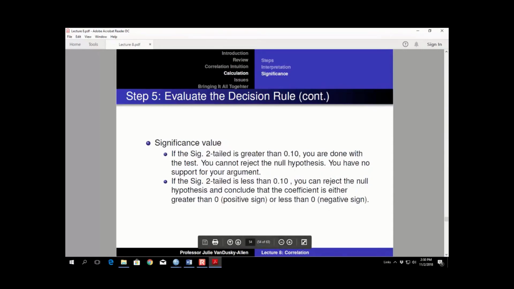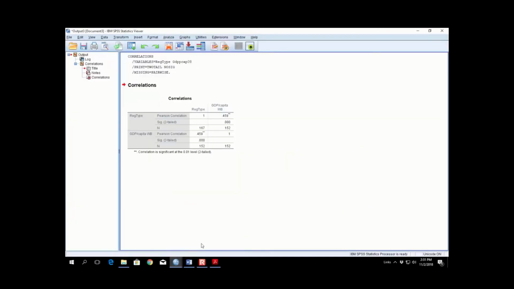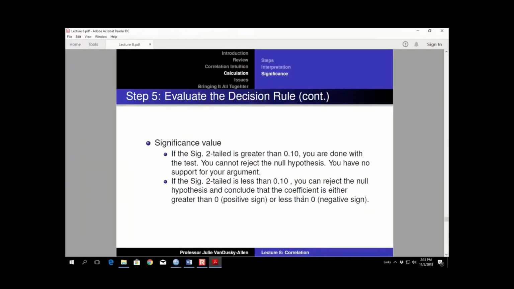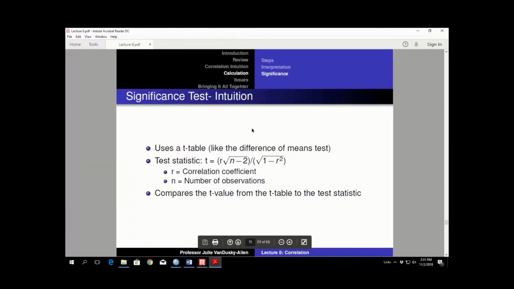Next, I will discuss the sig two-tailed test, which will tell us if the correlation coefficient is statistically different from 0. This test is similar to a significance test for a difference of means test, which we discussed in the previous lecture.